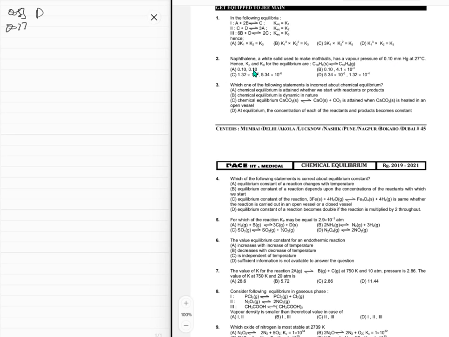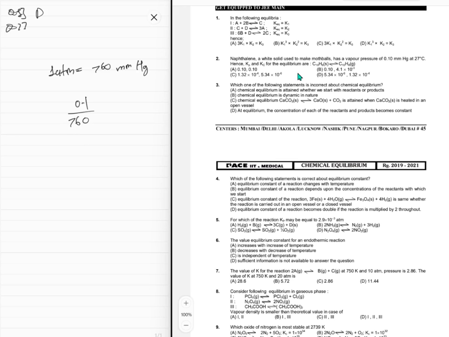But I think we want it in atmospheres. So what do you know? I think 760 millimeter of Hg was 1 atmosphere. So this has actual pressure of 0.1 upon 760.